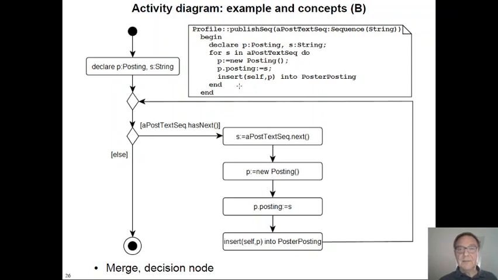The self is the object on which the publish sequence operation was called. We insert the self and the P into poster posting.